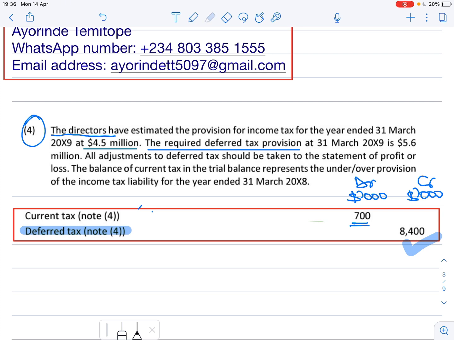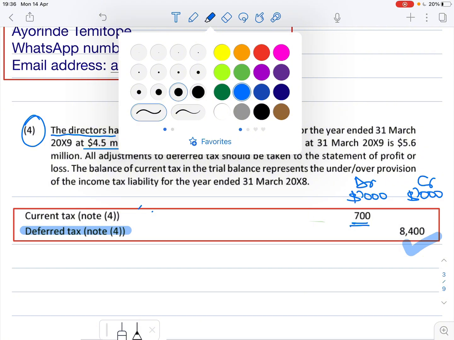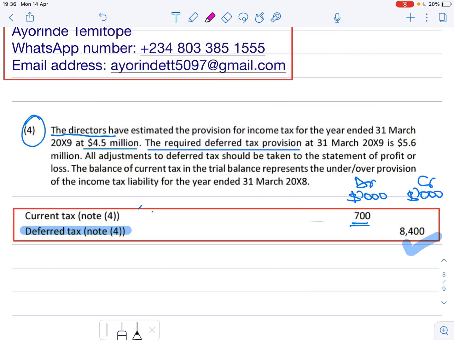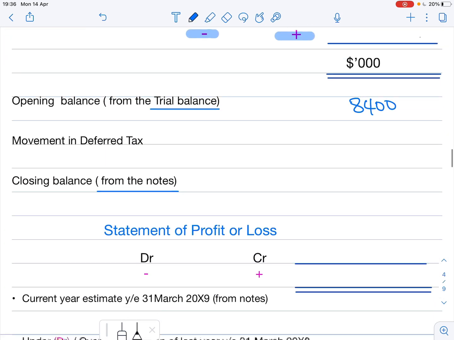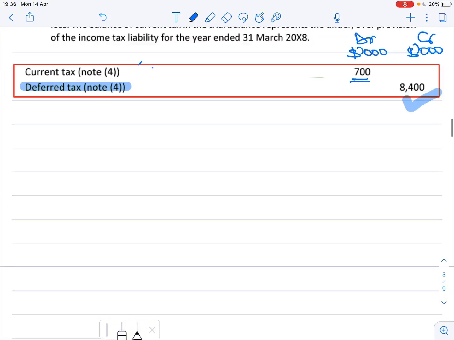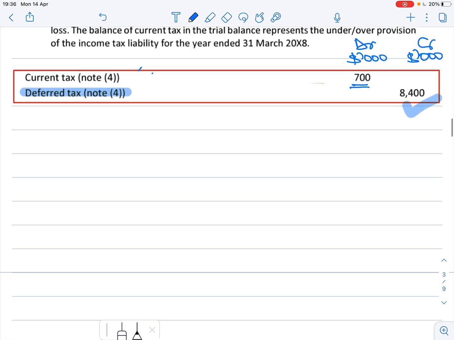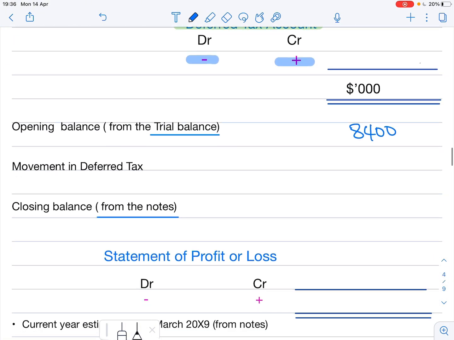We know that this is saying deferred tax, and that it is at the year end. So that tells you that this 5.6 is the closing balance of our deferred tax. So let's go to the pro forma. How much is that? 5.6.